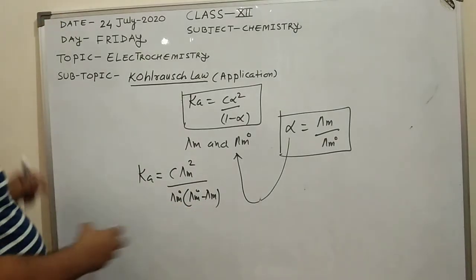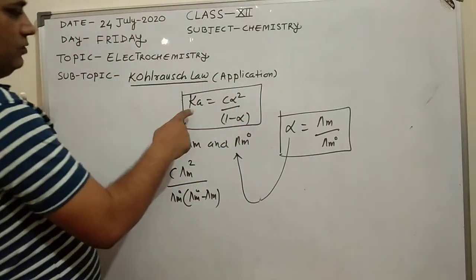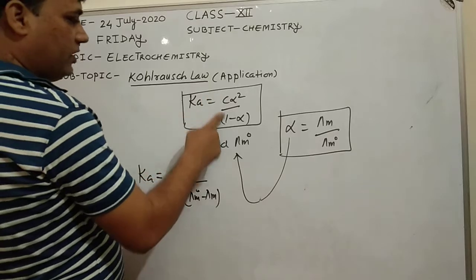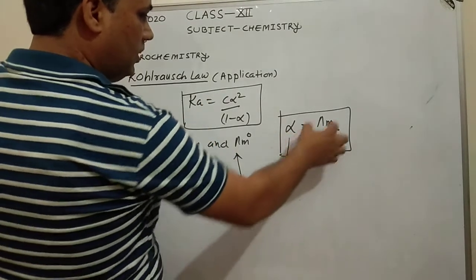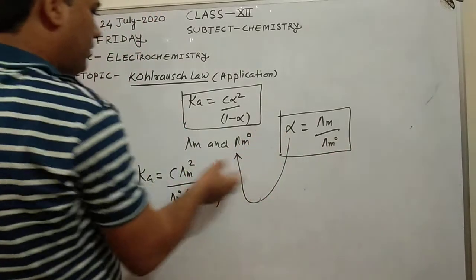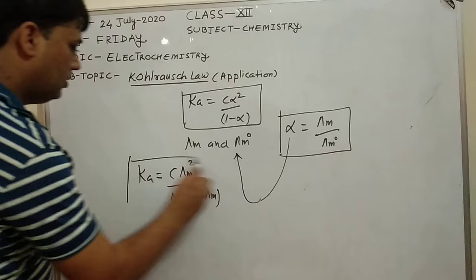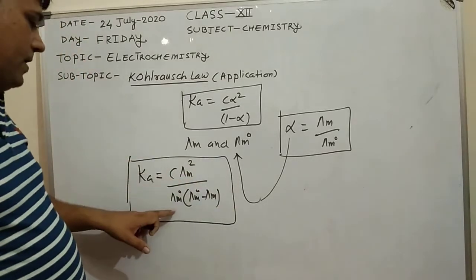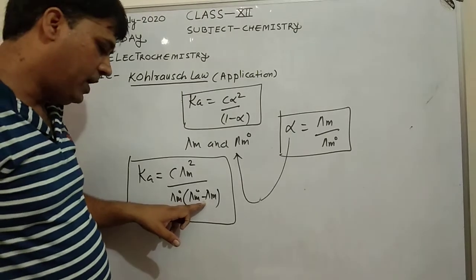So all these formulas are very, very important. First one, K is the dissociation constant for weak electrolyte, K is equal to C alpha square divided by 1 minus alpha, and degree of dissociation alpha is equal to lambda m divided by lambda m naught. By putting the value of alpha in this equation, we get K is equal to C lambda m square divided by lambda m naught into the bracket lambda m naught minus lambda m.